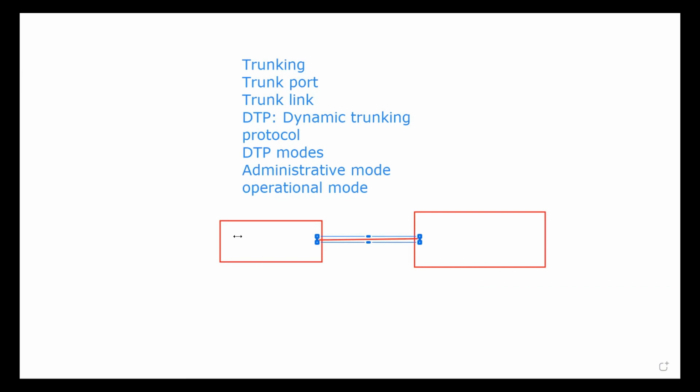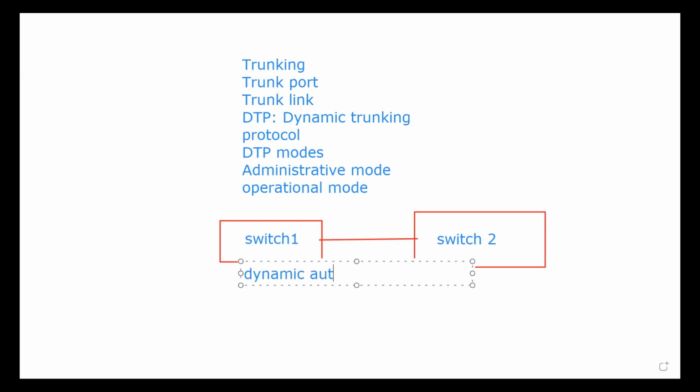This is switch 1, switch 2. By default, our switch is in dynamic auto mode. And operational mode means the way in which your switch link will perform.